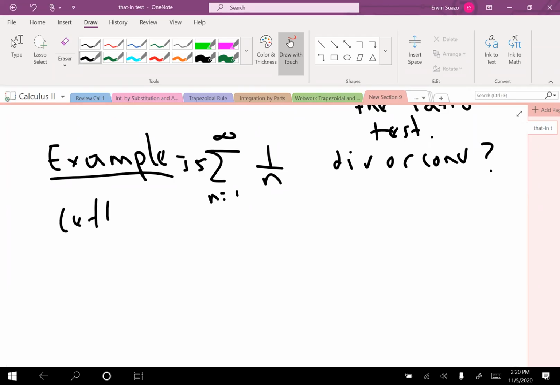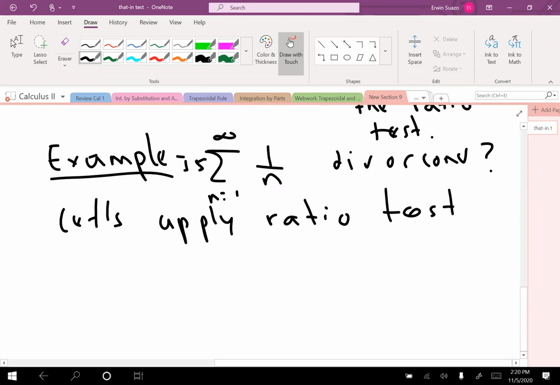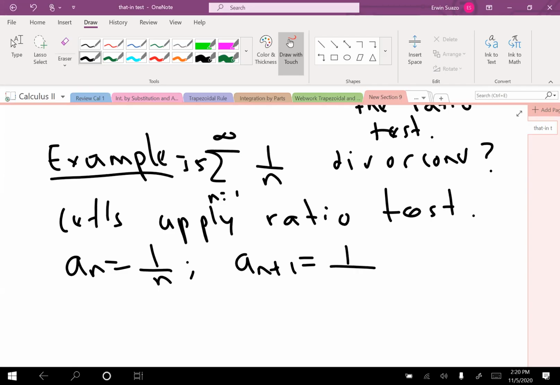Let's apply the ratio test. So we have a_n equals 1 over n, right? If a_n is 1 over n, what is a_(n+1)? 1 over n plus 1.